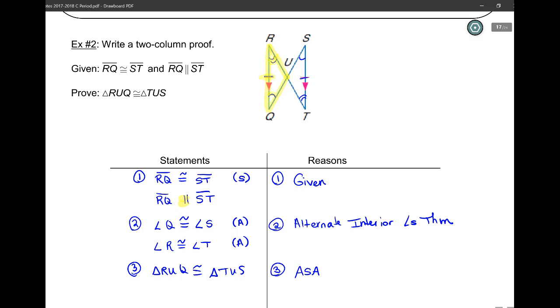That's why it's angle, side, angle, and not angle, angle, side. Now, if you had wanted to use the vertical angles right at U, then you could have had angle, angle, side as your reason for the last step.